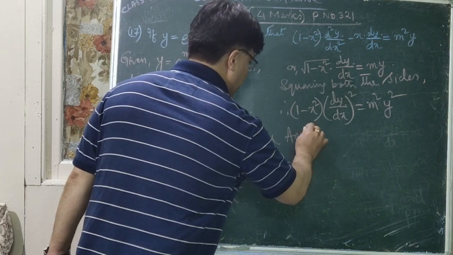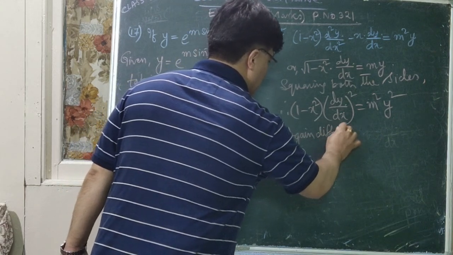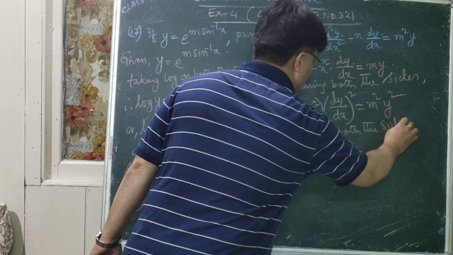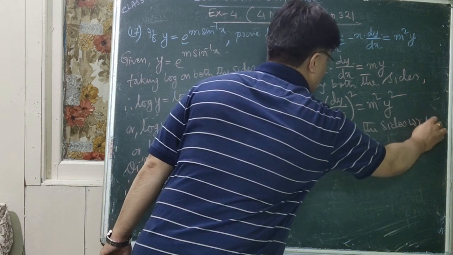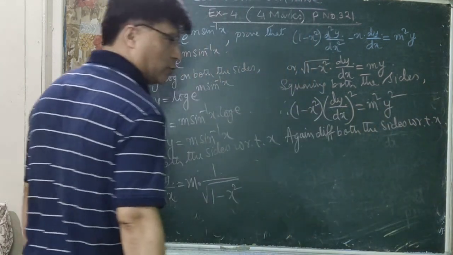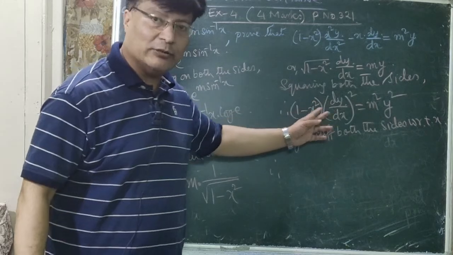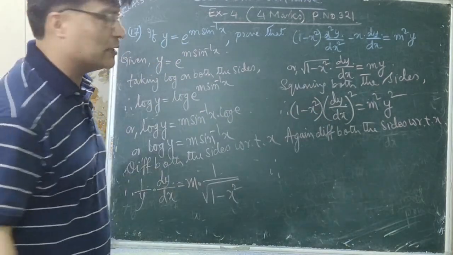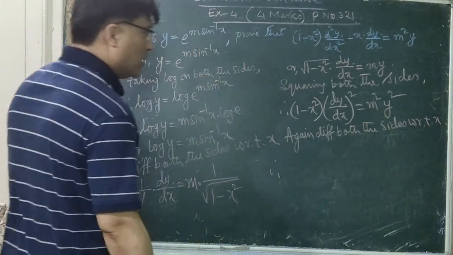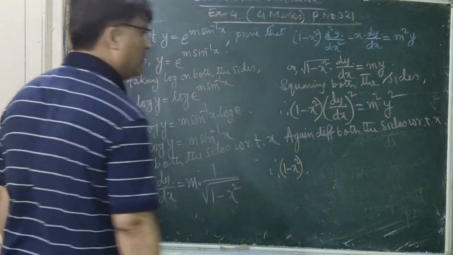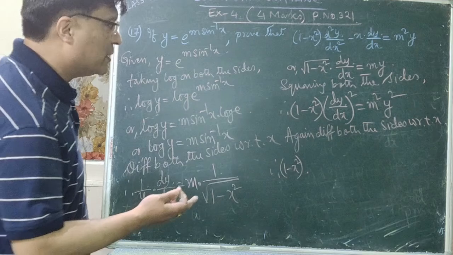So again differentiating both the sides with respect to x. On the left hand side you can use the UV rule, or product rule. Keeping the first term 1 minus x square as it is, differentiate dy by dx whole square.